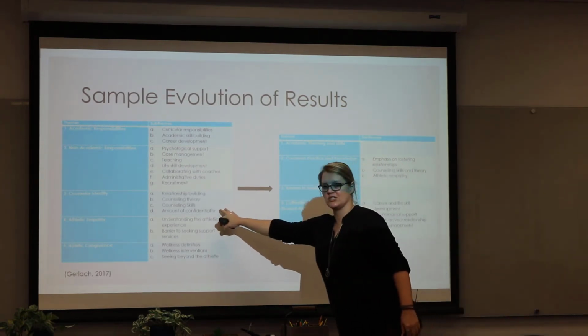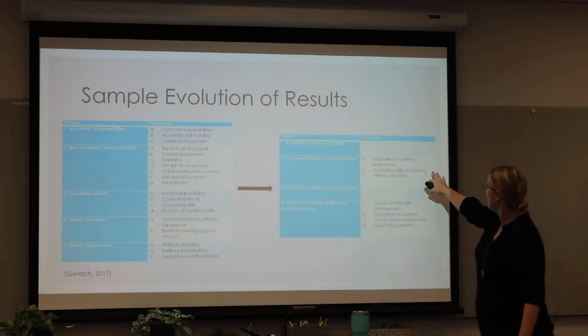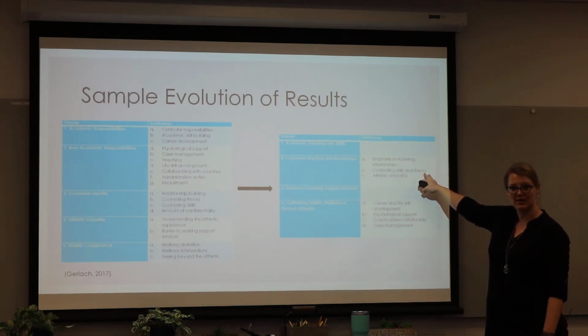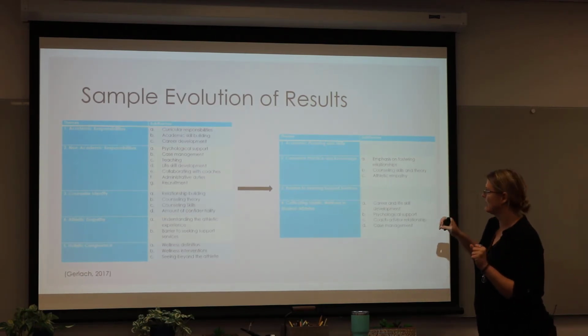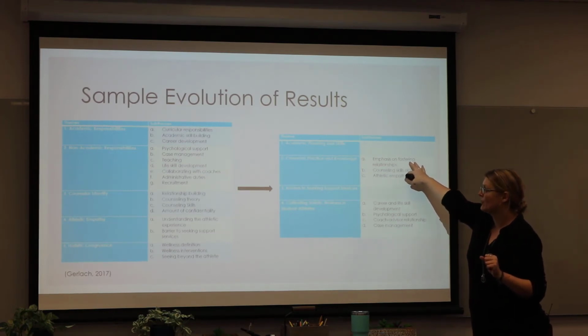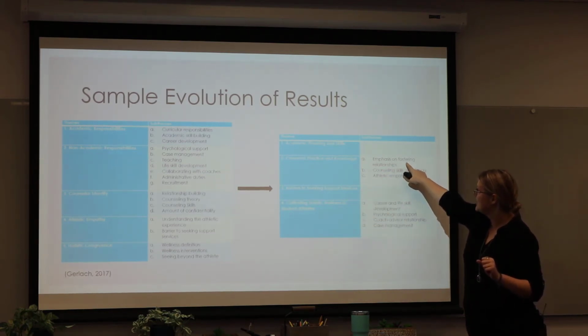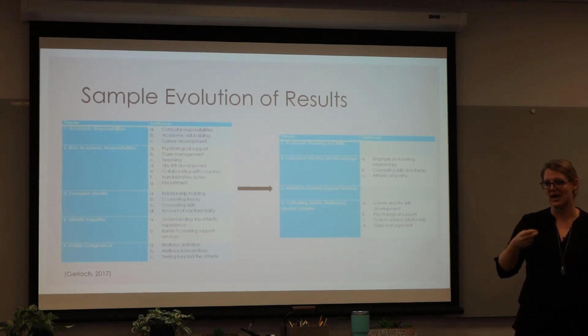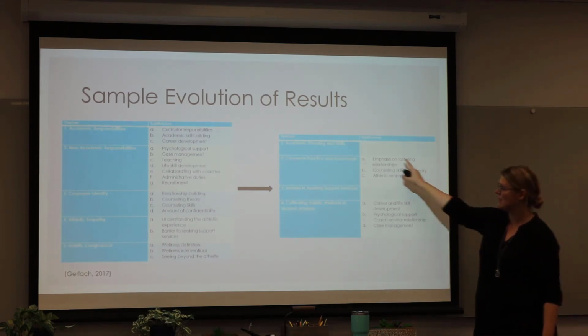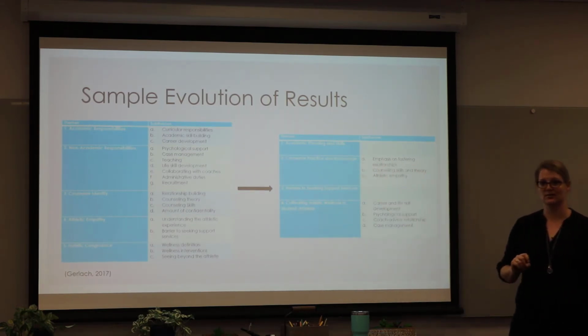Confidentiality ended up getting folded into counseling skills and theory, because part of counseling skills is to make sure that we're confidential, so we're not sharing information. It's a little different when you're an academic advisor, but that went there. Relationship building became emphasis on fostering relationships, because throughout the entire time, all I heard was building relationships, and so that became a sub-theme of counselor practice and knowledge.